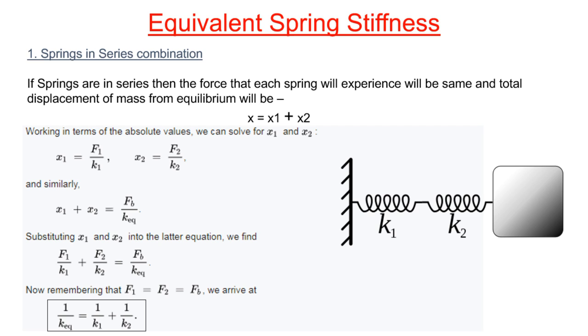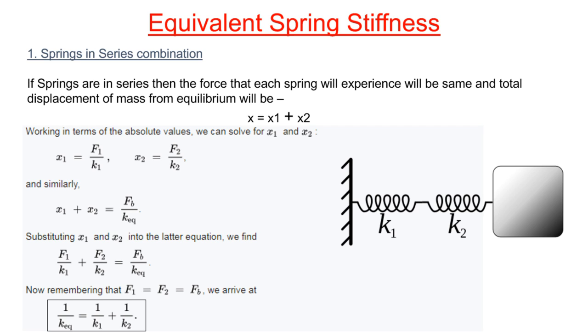So we need to find the equivalent spring stiffness of all these springs. Therefore there are two conditions, springs in series combination and springs in parallel combination. We will find the equivalent spring stiffness for both conditions, and then we can find the natural frequency of longitudinal vibration of the system. We will solve some problems as well.